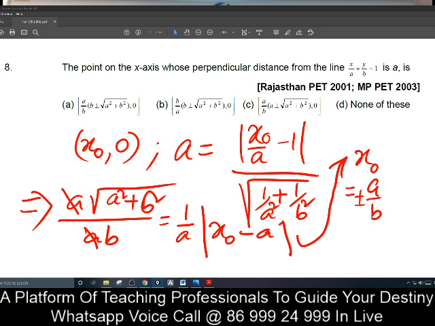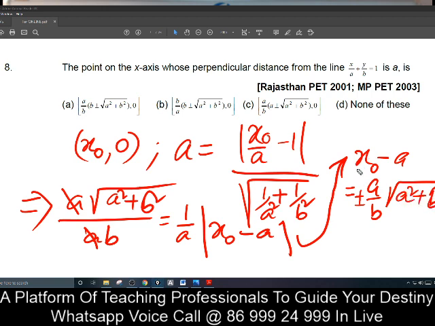Please tell me the answer. So x naught minus a is equal to plus or minus a by b into root over a square plus b square.